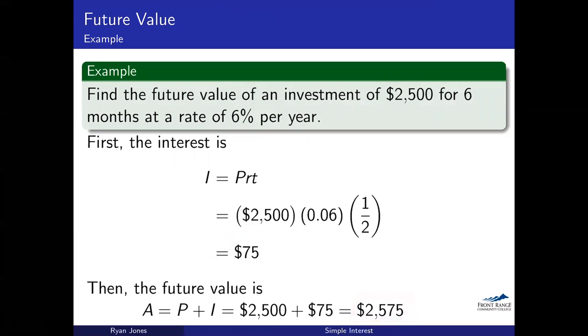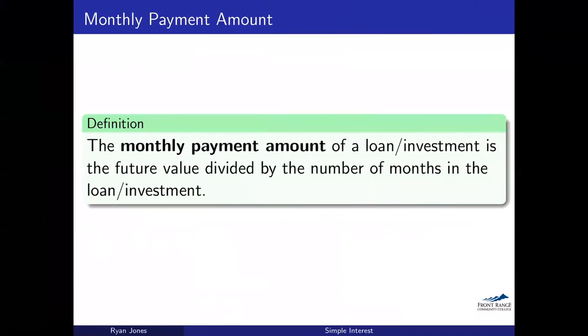Well, that's how much you have to pay back. And presumably you're going to pay this back monthly. And you took out the loan for 6 months. So you have to pay back this amount over 6 months. So all we do is we just take that future value, which we can call A, and we can divide it by the number of months, which I'm going to call N. We may use different letters for a number of months later, but for now I'll just use N. And so we just end up having this formula that let's go ahead and call this monthly payment amount.